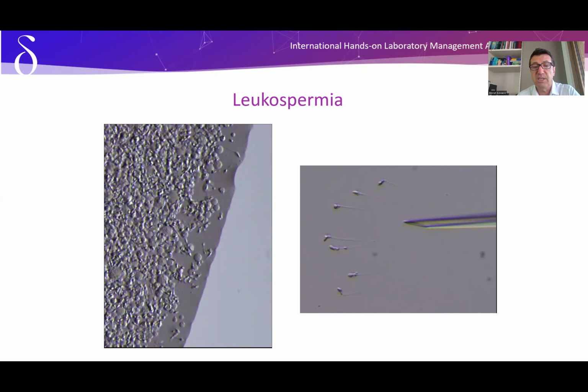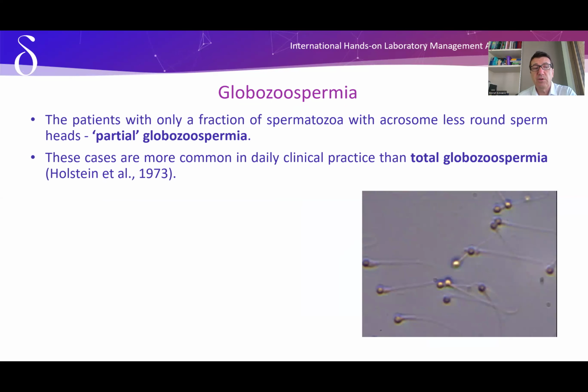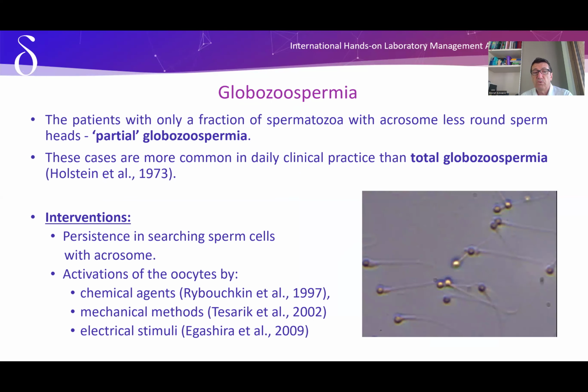Regarding globozoospermia, this is a phenomenon where the sperm have no acrosome, but total globozoospermia is very rare. Mostly we find partial globozoospermia with at least a couple of sperm with intact and normal acrosomes. So what to do?